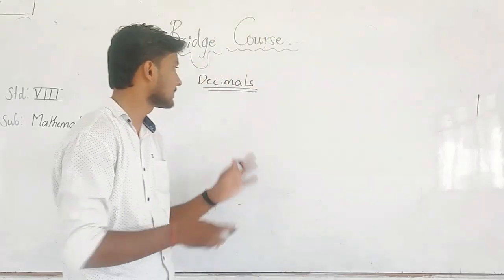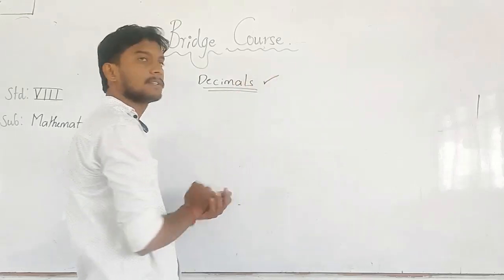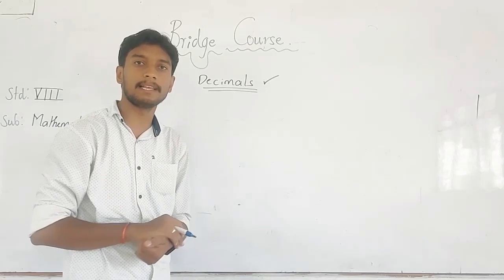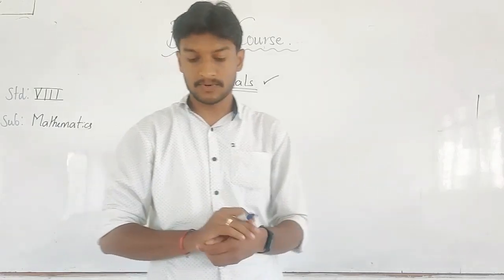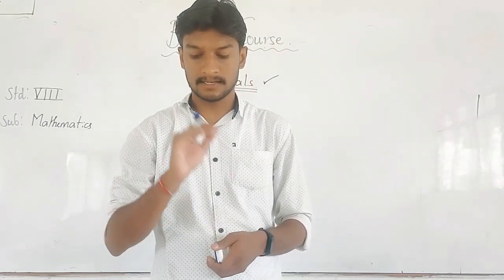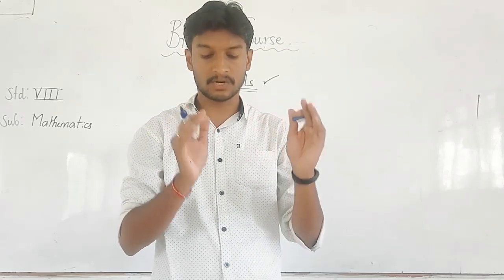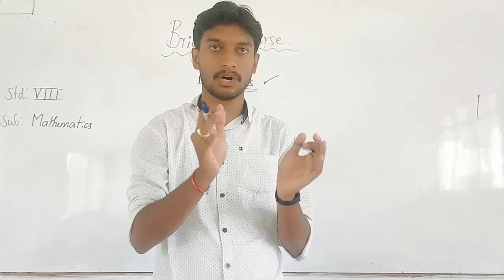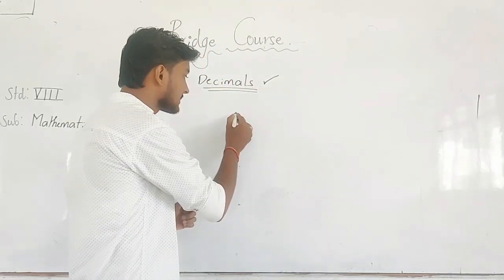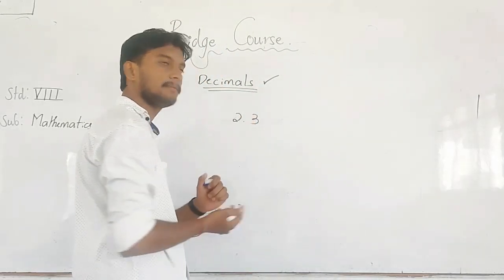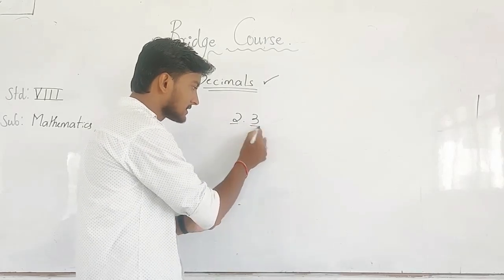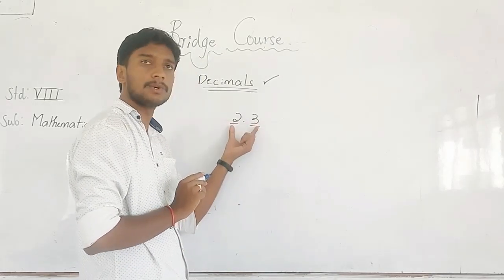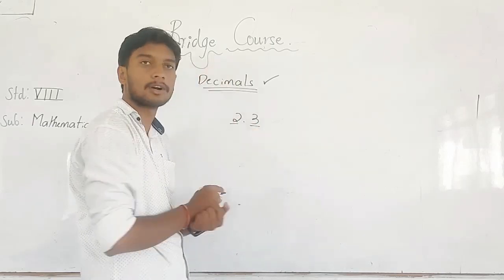First, before solving the problems, we should know the definition of a decimal. How do we define a decimal? A decimal is a set of numbers written together with a dot between them. For example, 2.3. Here 2 and 3 are the set of numbers, and in between those numbers we have put a dot.